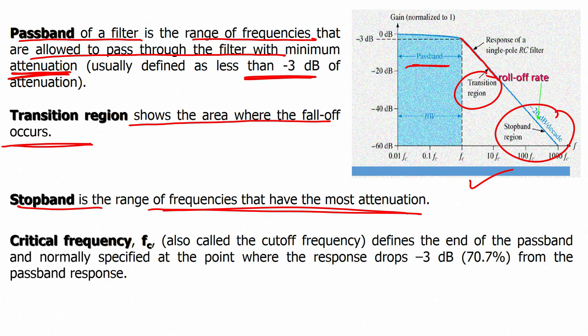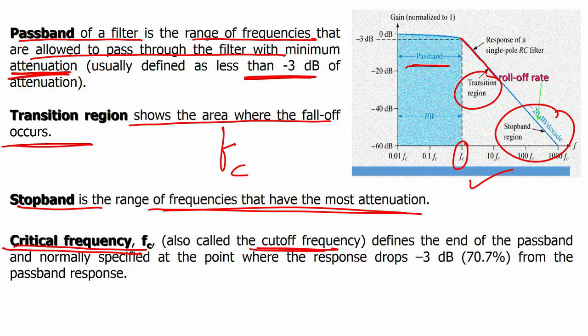And finally, we have the critical frequency, a very important term, also denoted by F subscript C, also called the cutoff frequency, because above this frequency the response will not allow frequencies to pass, and in the actual response you will see that it slowly goes to the region where a minimum number of frequencies are allowed to pass.